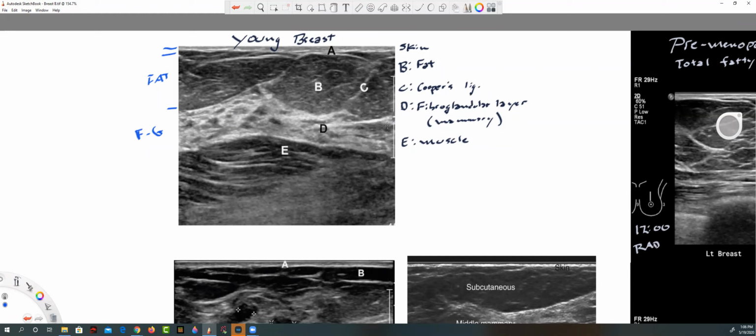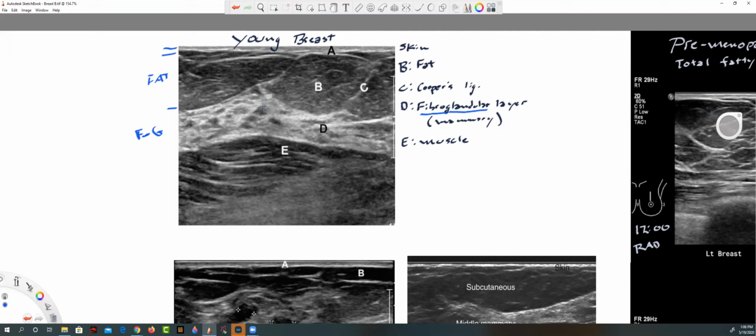The fibro part of fibroglandular is the echogenic part, so all this is fibrous tissue of that layer. And then there's the glandular part, so it's fibroglandular.